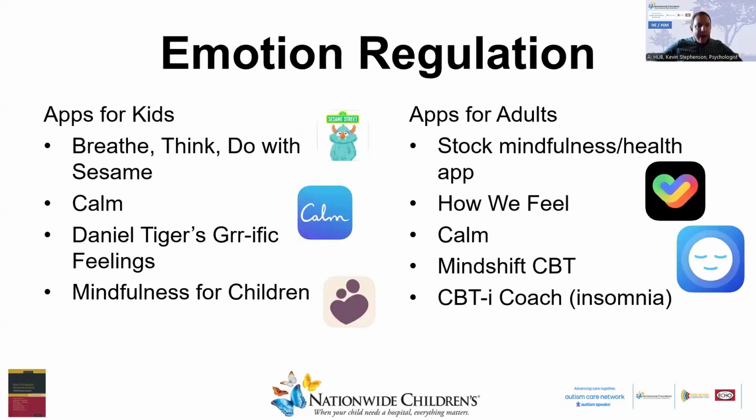Another family of apps to look for are emotion regulation apps. So on the left side, I have ones that were developed for kids. Sesame Street has a free one, Breathe, Think, Do with Sesame. Calm has some really great things both for adults as well as for kids. There's Daniel Tiger's Grr-ific Feelings. And then there's a mindfulness for children app.